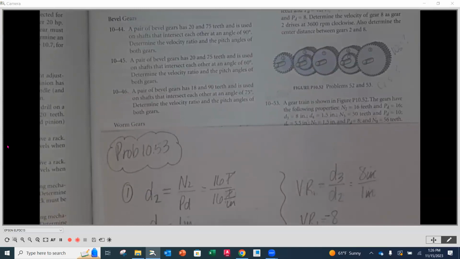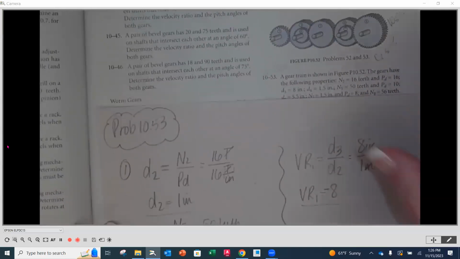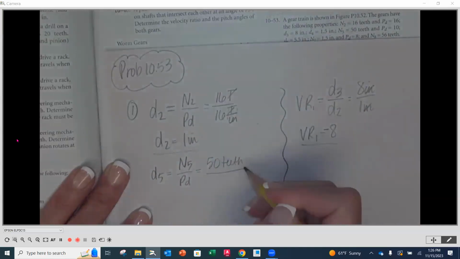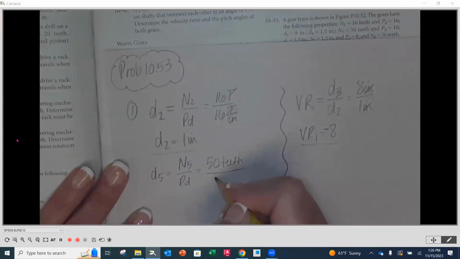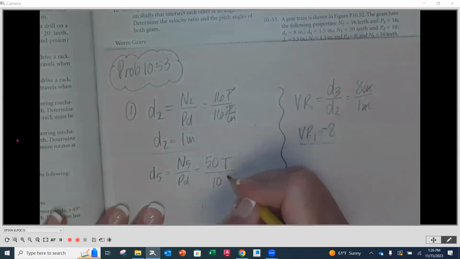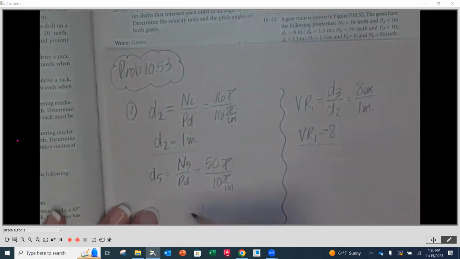So D5 is equal to the number of teeth in number 5 divided by its diametral pitch: 50 teeth divided by diametral pitch of 10. That's teeth per inch, so my teeth cancel out, and my pitch diameter number 5 is 5 inches.